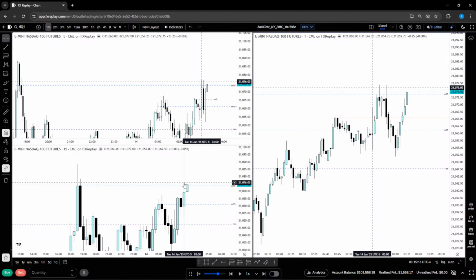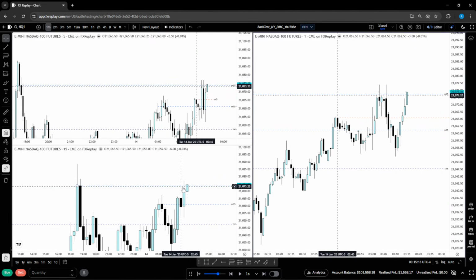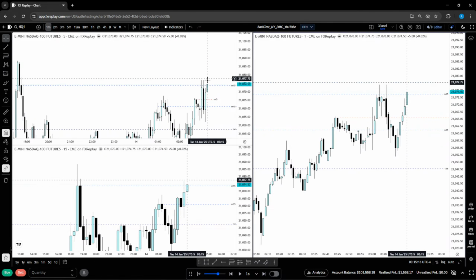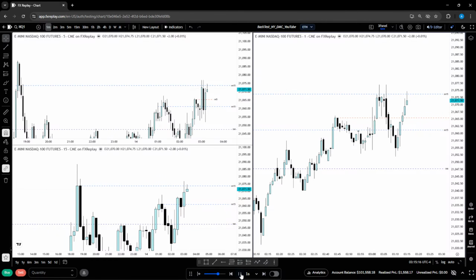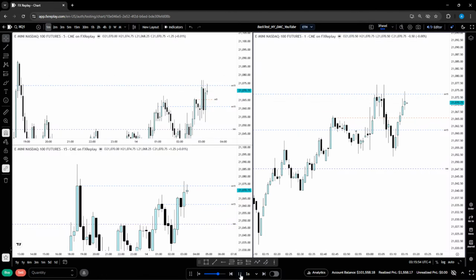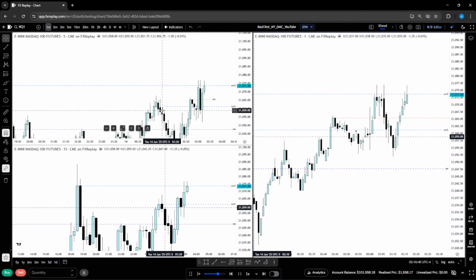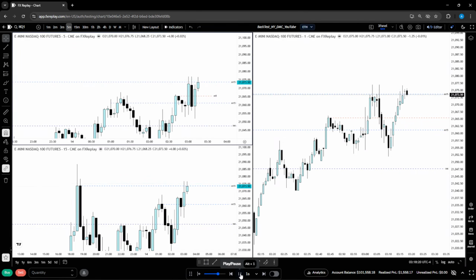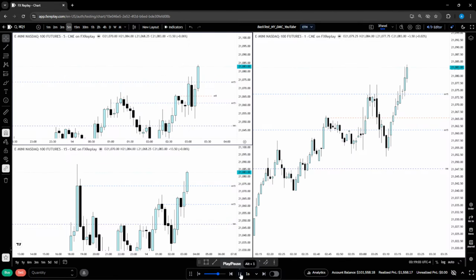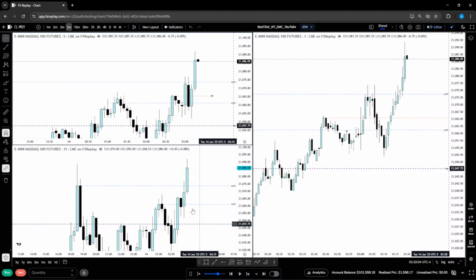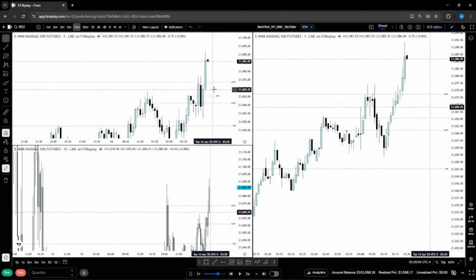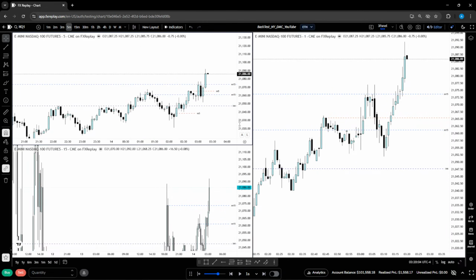However, we did not close above this level in 15 minutes yet, or in 5 minutes. So there's still weakness. Okay, now at least we are having a 5-minute closure above. But the ranges are so slow.